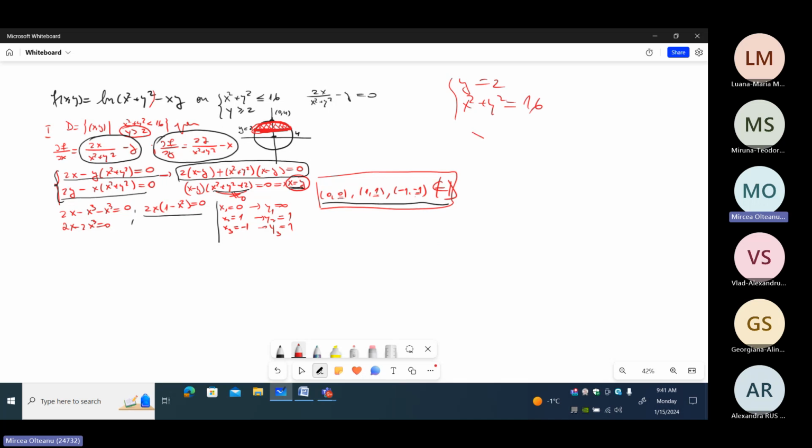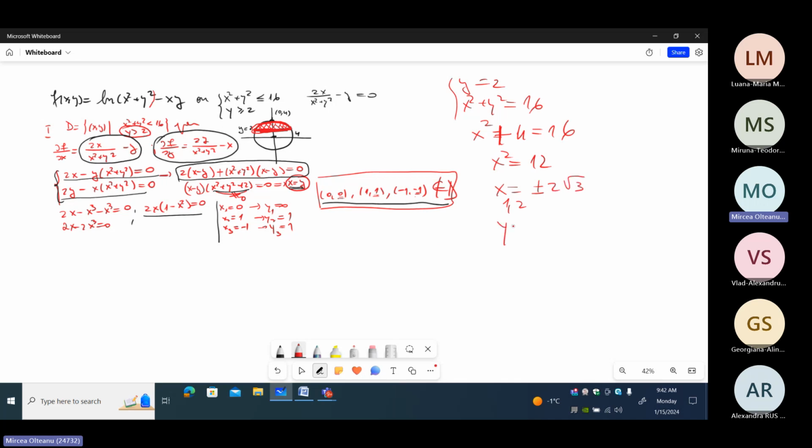means actually, if y equals 2, x squared plus 4 equals 16. So we get x squared equals 12. So it means x1,2 equals plus and minus 2 root of 3.